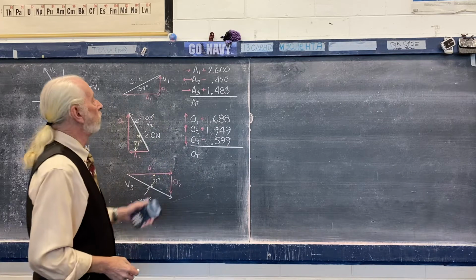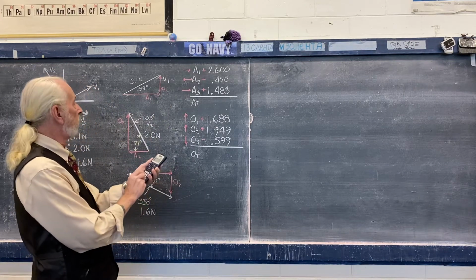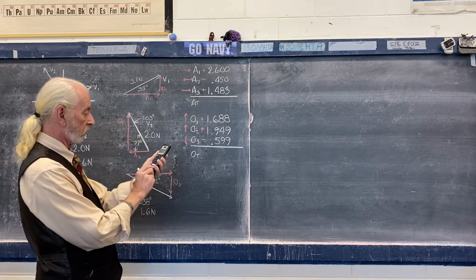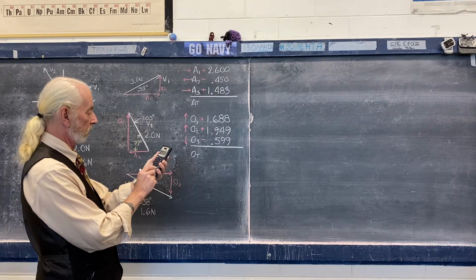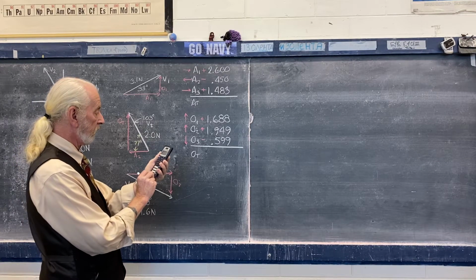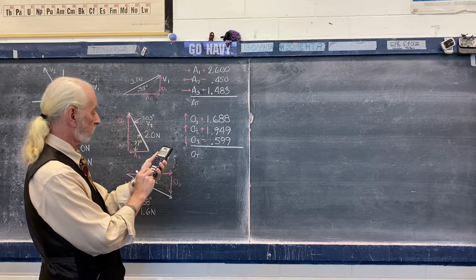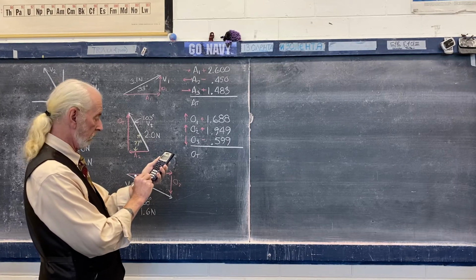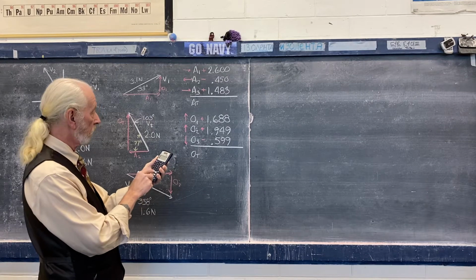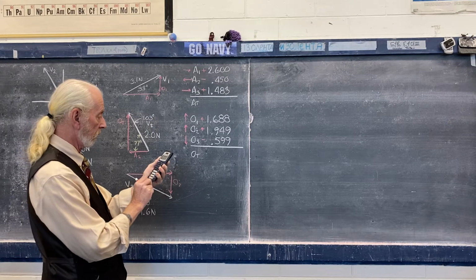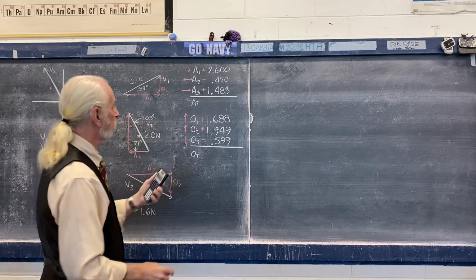Now, tally them up. 2.6 plus a negative 0.450 plus 1.483. I got 3.633.